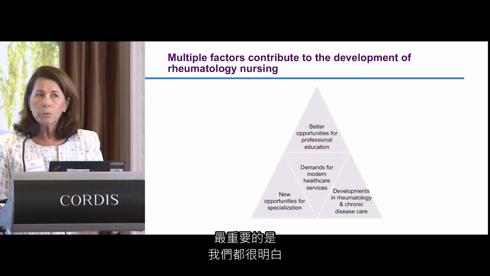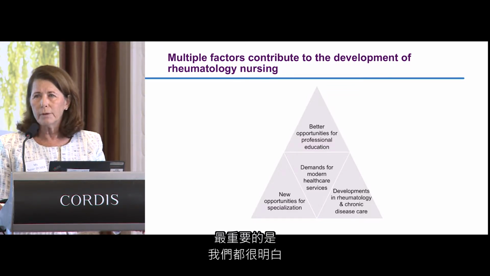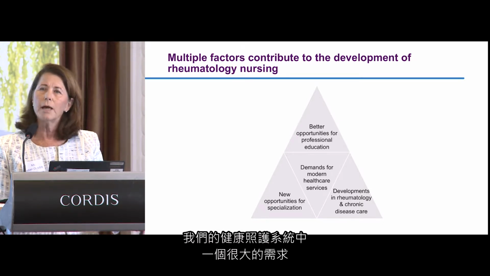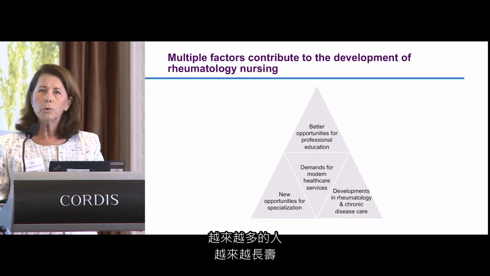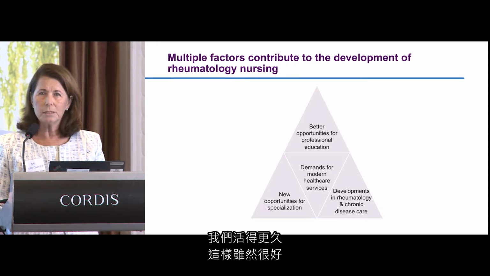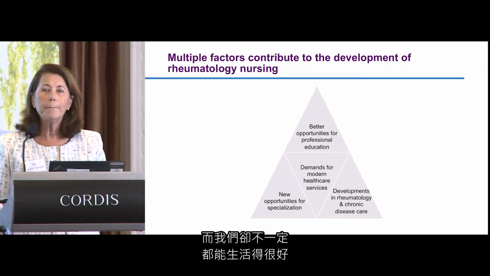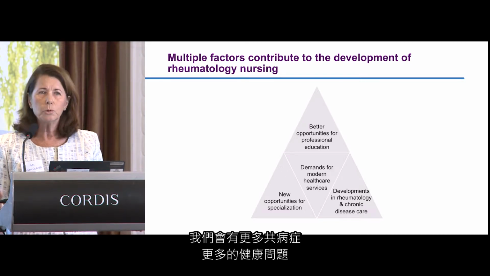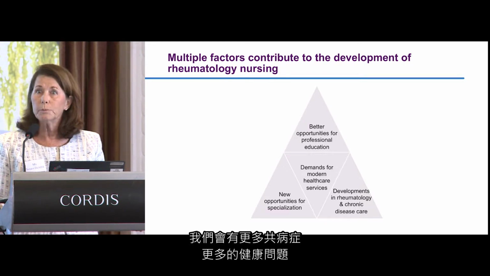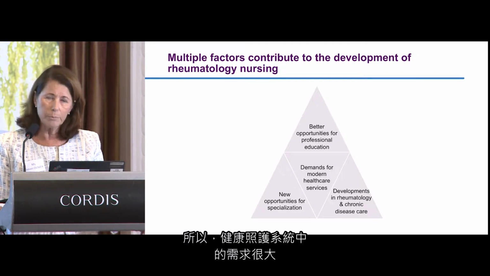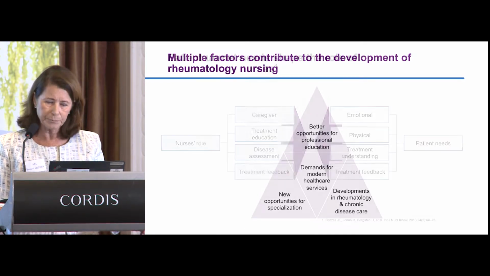And the most important thing we're all very aware of is the big demands of our healthcare system. We have more and more people living longer and longer, and although we live longer, which is great, we don't always necessarily live better lives. We have much more comorbidities, much more problems with our health, and as a result, there are big demands on the healthcare system.